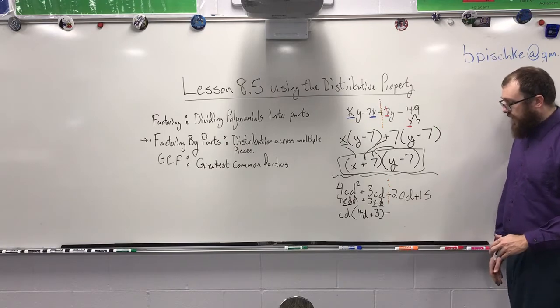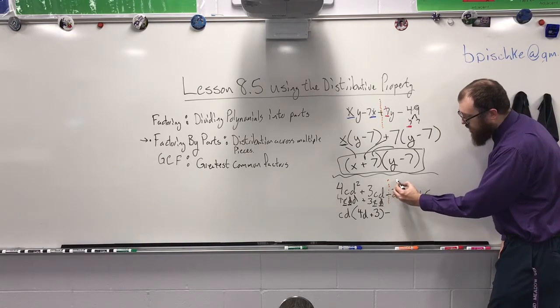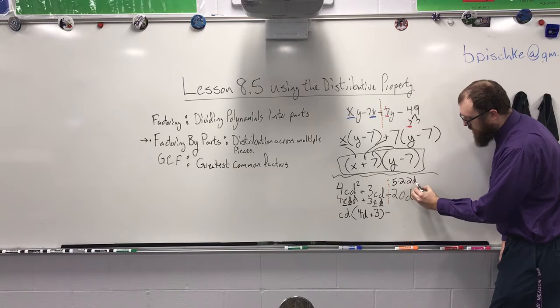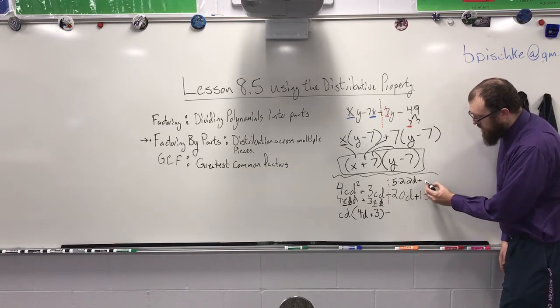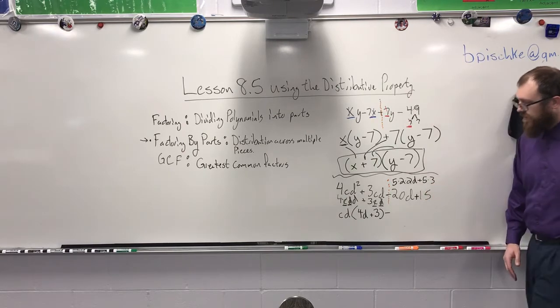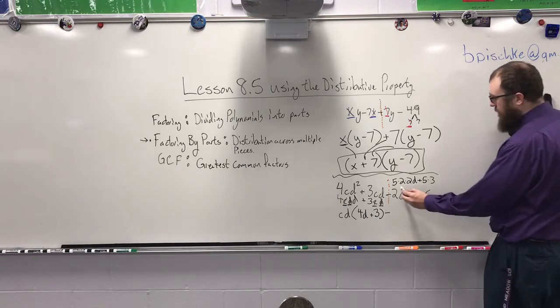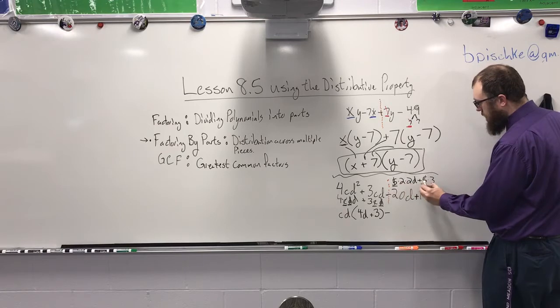Now we're going to look for commonality between them. 20 splits up into 4 and 5, and 4 splits up into 2 and 2. So this is 5, 2, 2, D. Over here I have 15, which is 5 and 3. I'm looking for things that are in common. I have a 5 in both terms, so I can take that 5 out front.